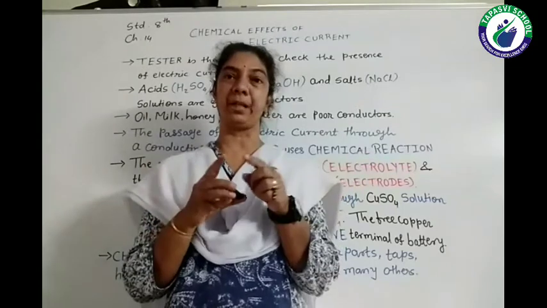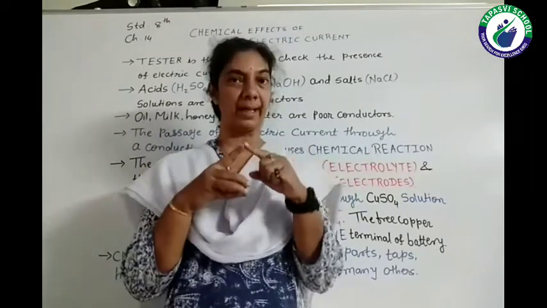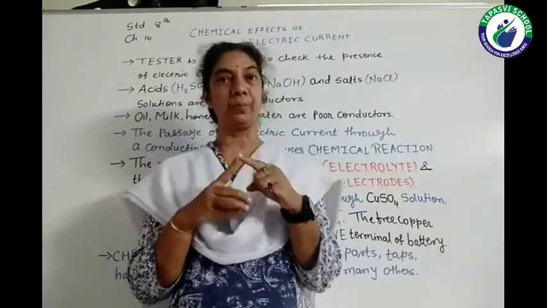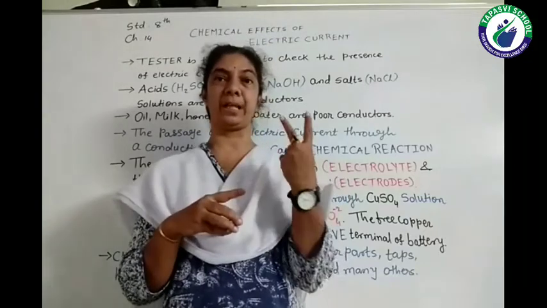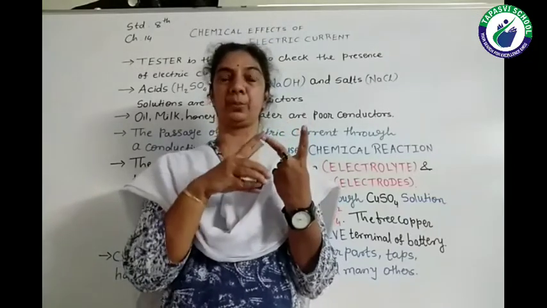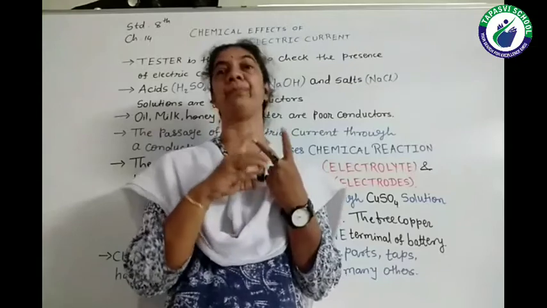And if they have different charges, they will attract each other. So based on this, we can say that we have two types of charges. One is positive and one is negative.